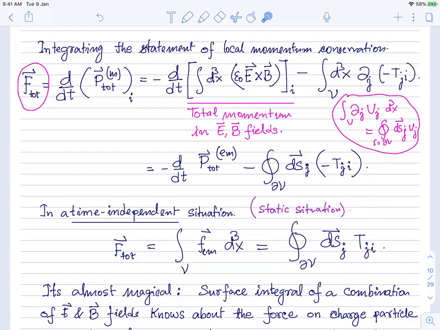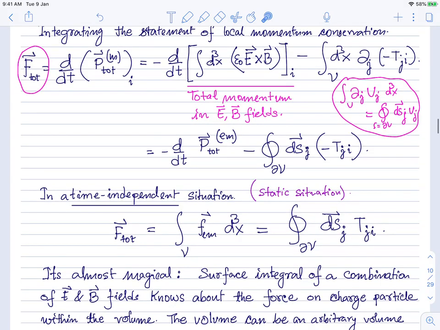Okay, so in the static situation where, let's say, there is something else which is also binding the charges, not letting them move to produce time-dependent electric and magnetic fields, this term is going to go away, and the total force on any charged particles inside a volume will be given by a surface integral, where that surface is a closed surface enclosing that volume, and it's a surface integral of the Maxwell's stress tensor.